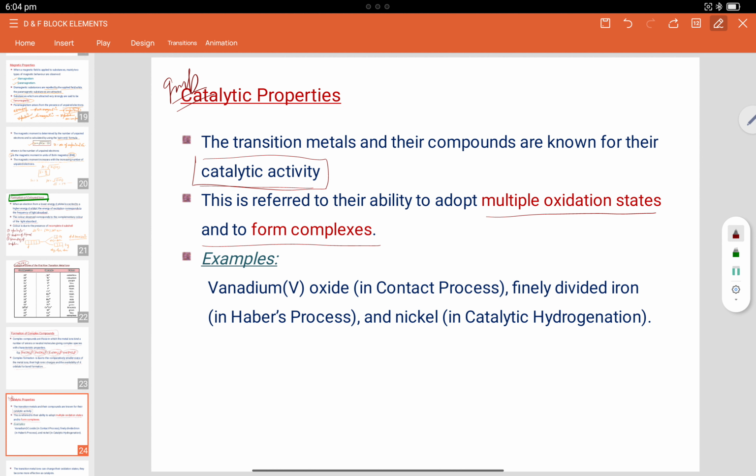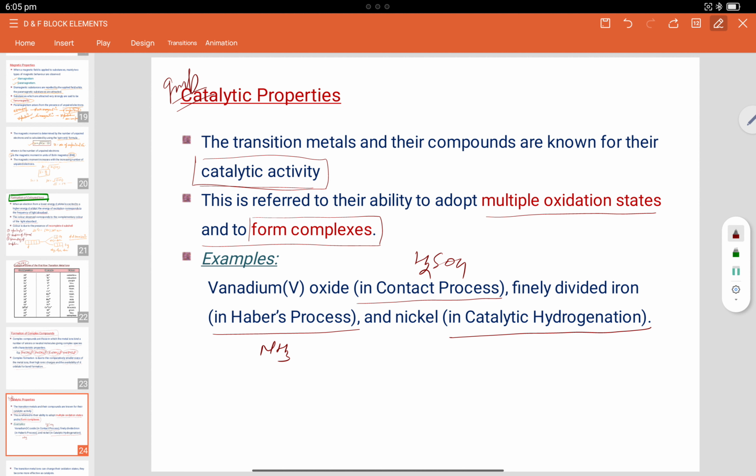Why is it happening? Because of multiple oxidation states and the ability to form complex compounds. These are the two special cases. For example, vanadium oxide in contact process for the formation of H2SO4, finely divided iron in Haber process for the manufacturing of ammonia, and nickel in catalytic hydrogenation.